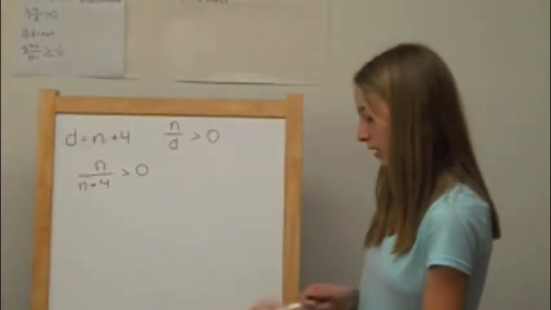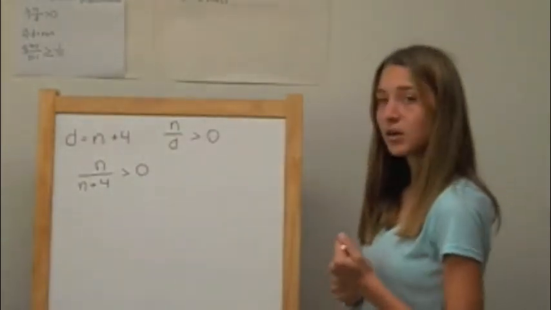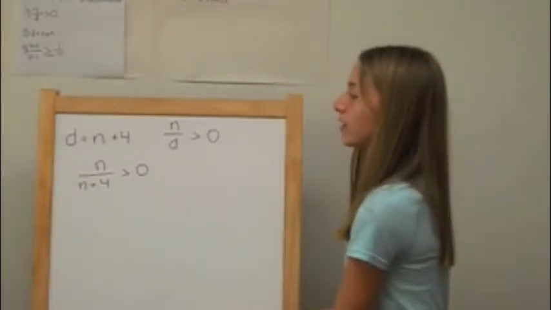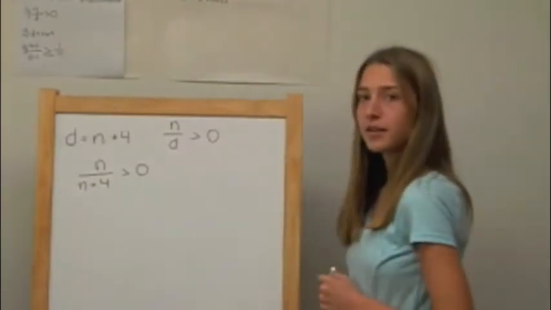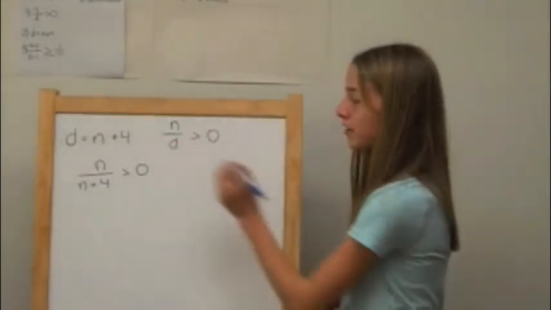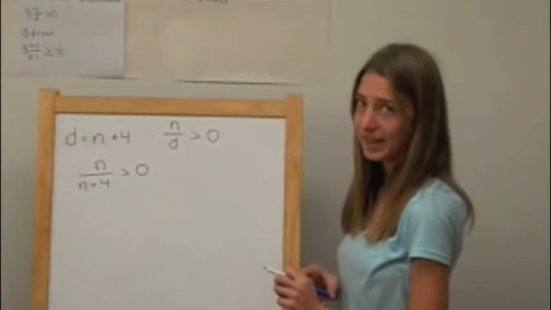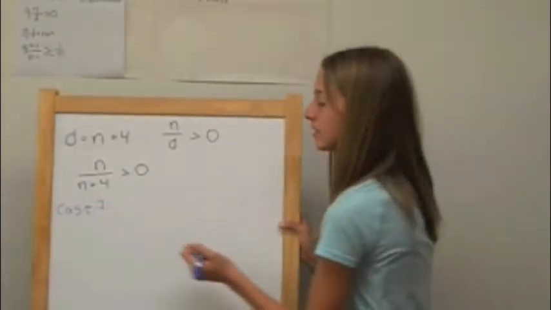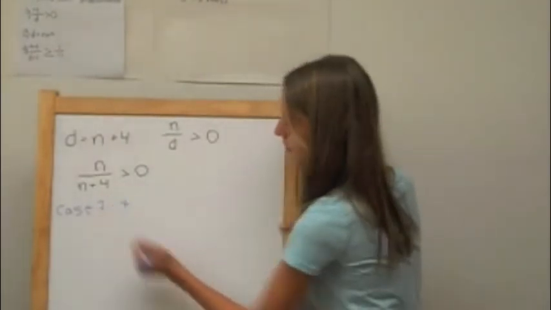Now, for this inequality to be greater than 0, either the numerator and the denominator have to be greater than 0, or the numerator and the denominator have to be less than 0. Case 1 is where both the numerator and the denominator are positive.